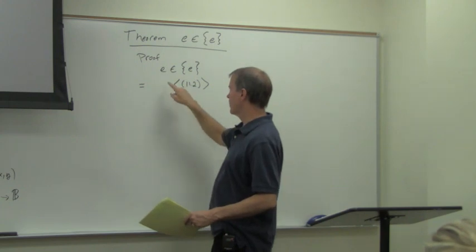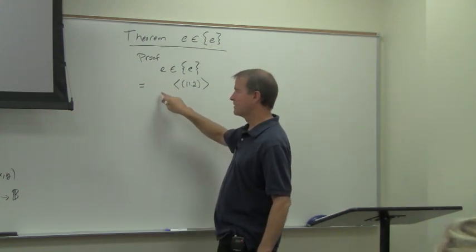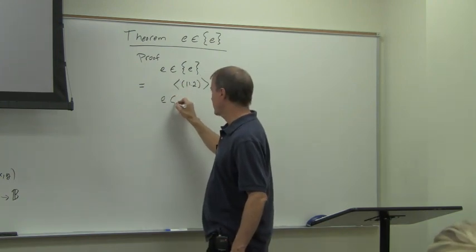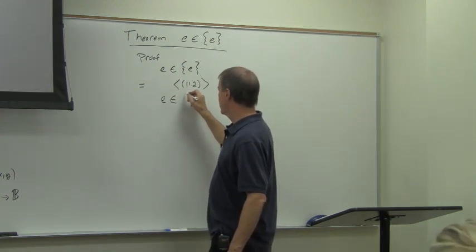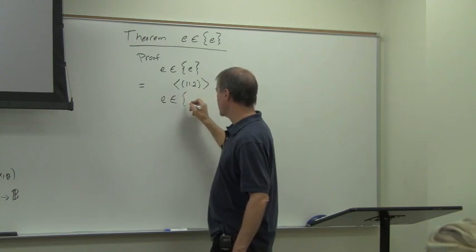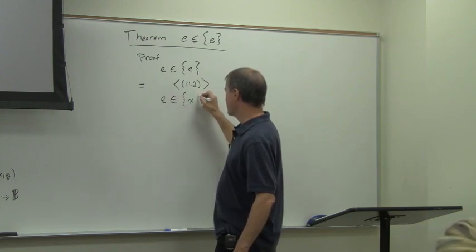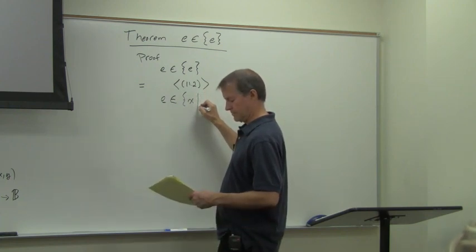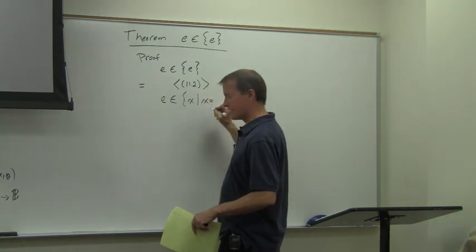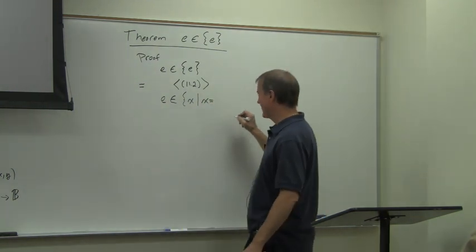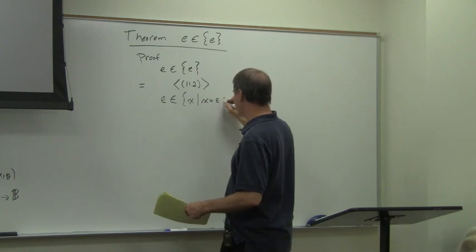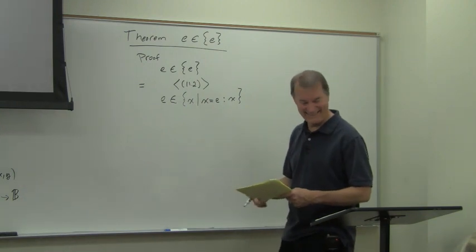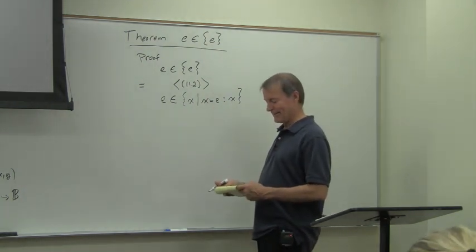Hold on, what's the first thing I write down? E is an element of X, range X. A set, the way we say it is set over X, range X equals E, body X. Okay, so are we good?